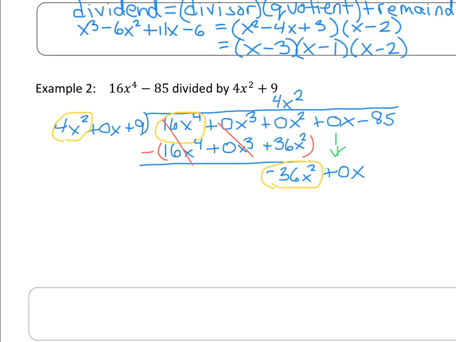And negative 9 is a constant, so I'm going to put that all the way over here, over its like term. Now I'm going to start to do my multiplication. Negative 9 times positive 4x squared is negative 36x squared. Negative 9 times 0 is 0. And negative 9 times a positive 9 is negative 81.